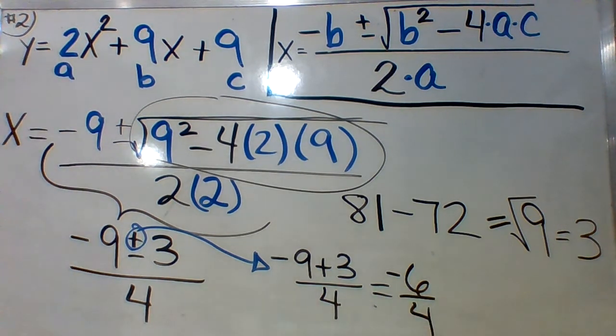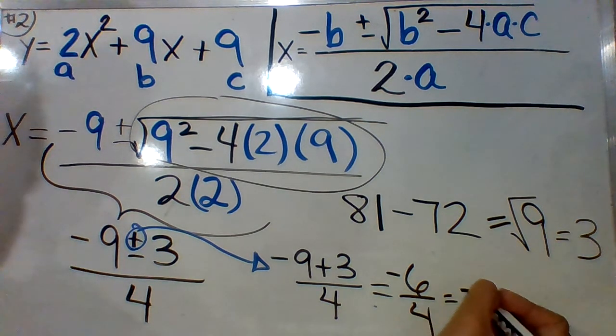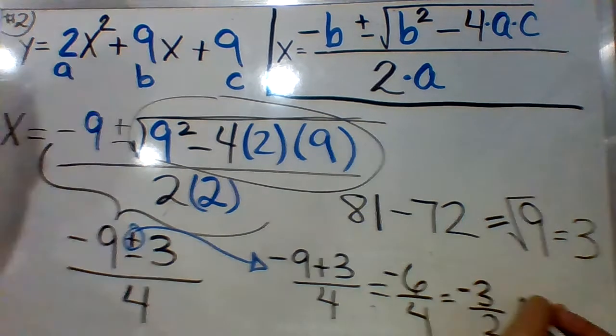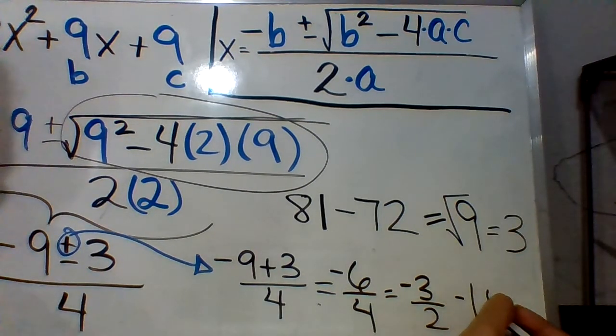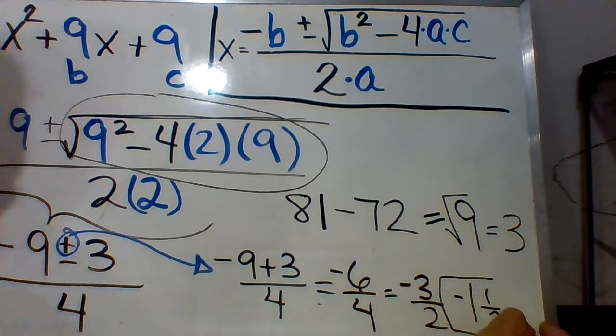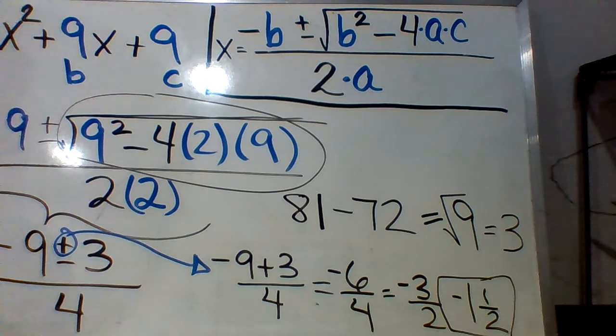And if we reduce that, that's going to give us negative 3 halves. And if we want to write that as a mixed fraction, it would be negative 1 and 1/2. Okay, so that would be our answer. If we look at the graph, we will see that it did cross at negative 1 and 1/2.